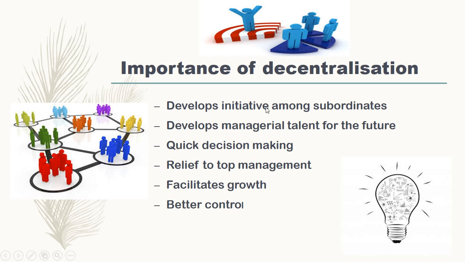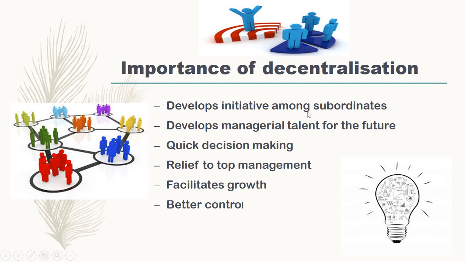First, develops initiative among the subordinates. Under decentralization, authorities are delegated in large amount. Authority is a kind of power which compels a person to think to do some new things. This inculcates in him the ability to take initiative. Decentralization not only gives the authority but also makes it possible to convert great ideas into valuable creative work.